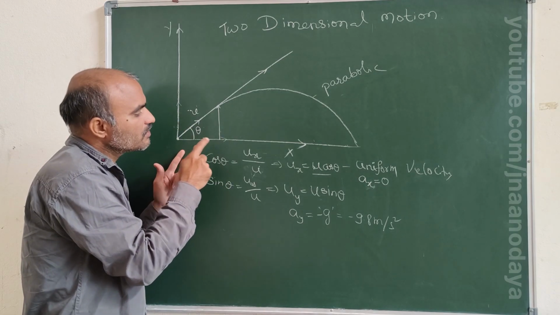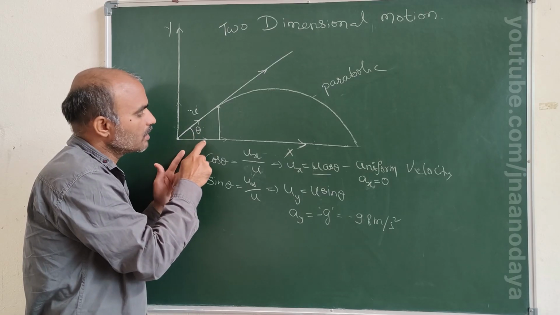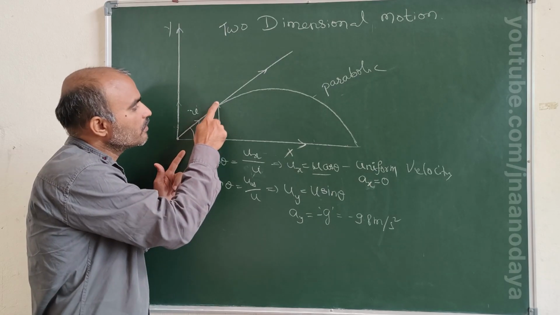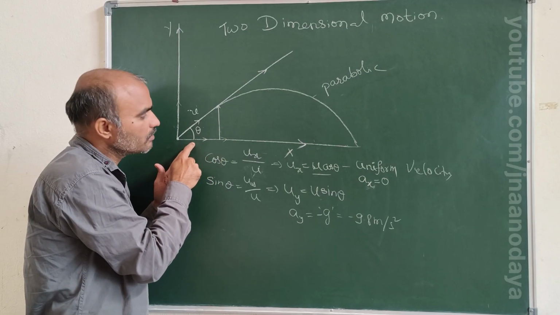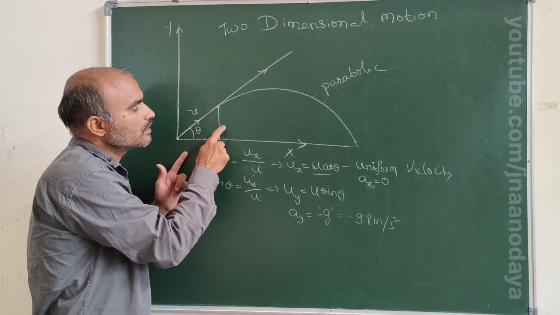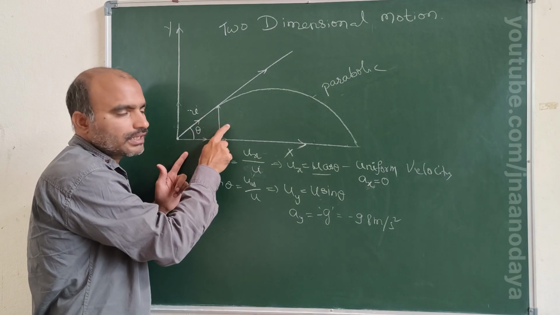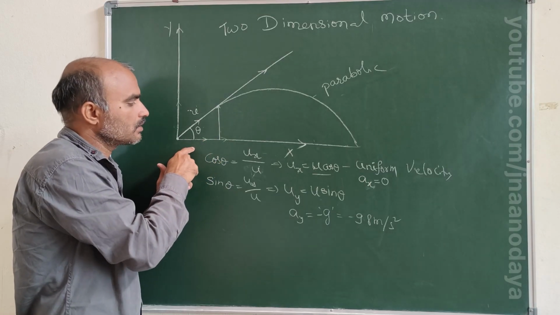Theta is the angle made with the horizontal. If you draw a right angle triangle, this will be the adjacent side and this will be the opposite side. You can take parallel vectors like this, that you will learn in the vectors chapter.